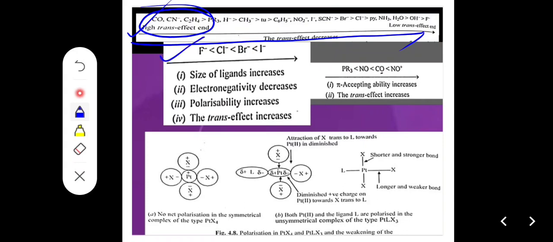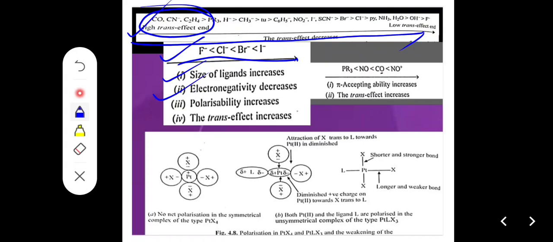Now fluorine, chlorine, bromine, iodine. From fluorine to iodine, the size of the ligand increases. As fluorine, chlorine, bromine, iodine are in the group, they are present top to down, so extra shells are added. So in this case, their size also increases. Electronegativity decreases. As extra shells are added and their size increases, their charge density, that is charge by size ratio, decreases. So due to this, their electronegativity also decreases.